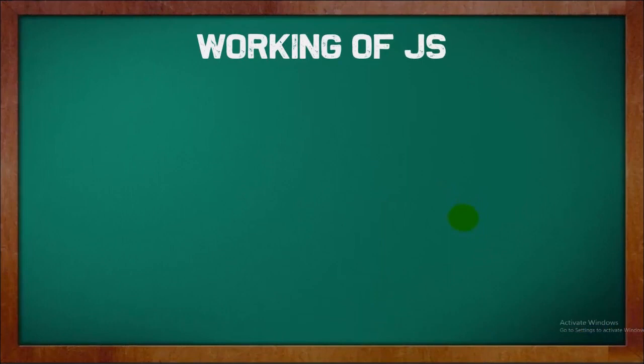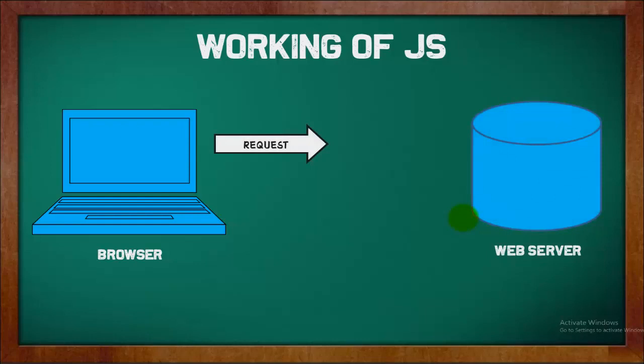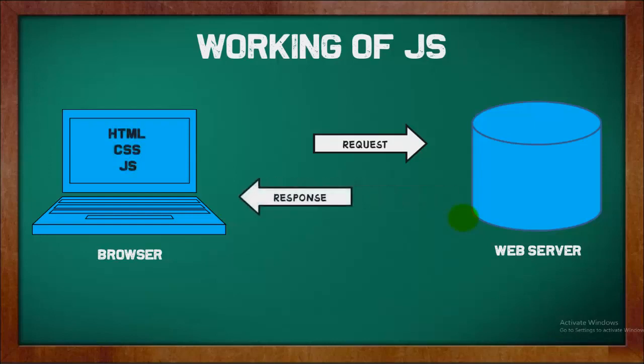Now we will see about the working of JavaScript, how JavaScript works. Imagine this is your computer, this is your browser. From here you are sending a request to the web server. The request can be anything. When it reaches the web server, it will process it and immediately send a response of your HTML, CSS and JavaScript again to your web browser.